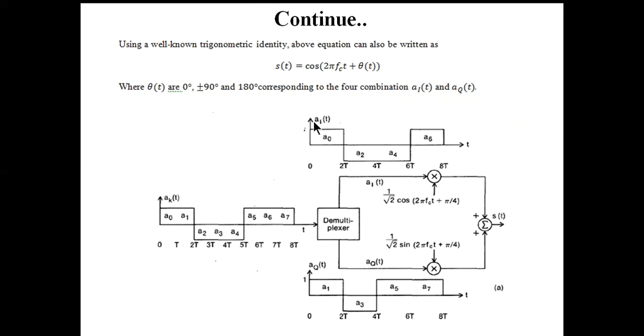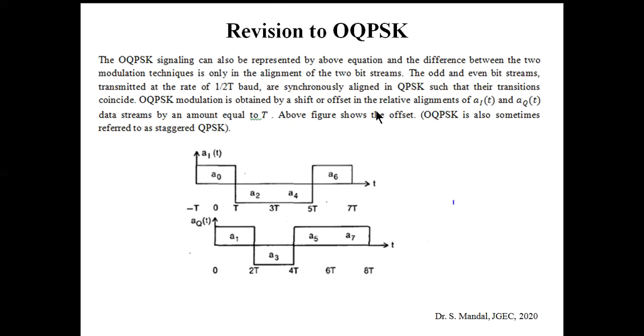In the previous case of QPSK, both AIT and AQT started from 0 seconds. But in OQPSK, there is an offset or shift between the in-phase and quadrature bit streams by T seconds.